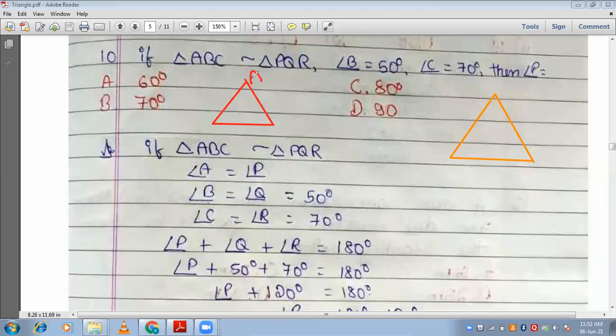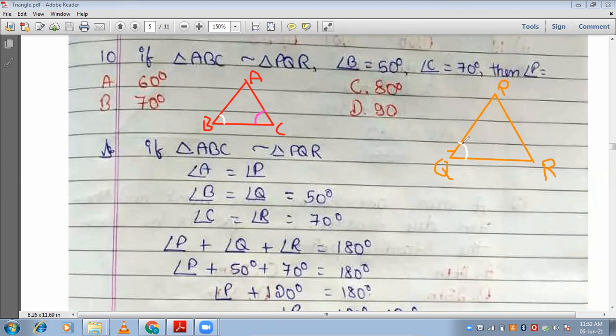This is vertex A, vertex B, this is vertex C. Next, this is P, Q, R. Here they given angle B. This angle B is equal to angle Q. And angle C they given.